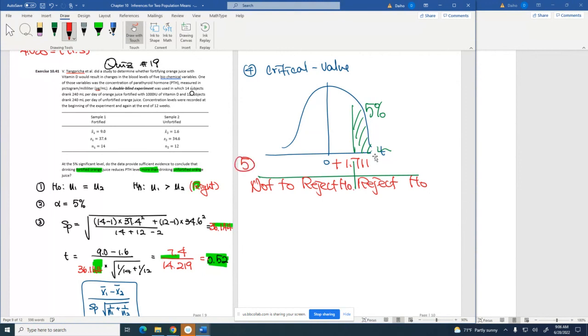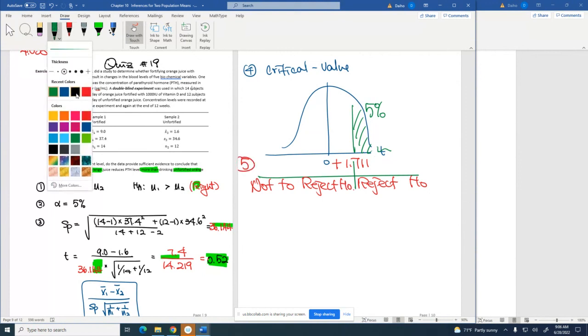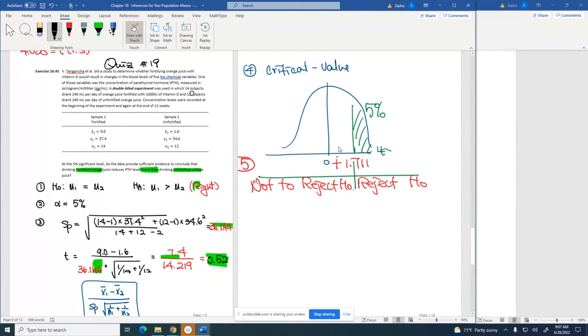Now let me plug in the test statistic. How much was it? Only 0.52. What will be the decision? Do not reject the null hypothesis.